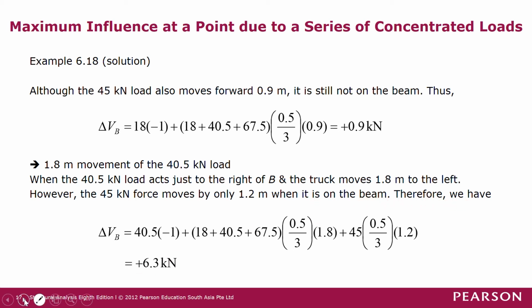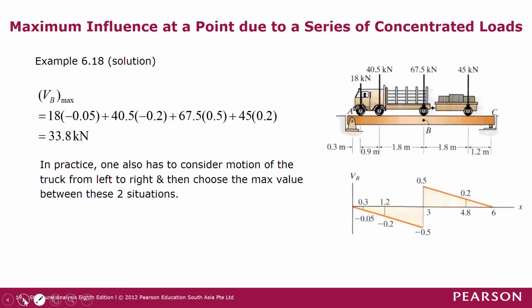So initially you can see that when the 40.5 kilonewton force moves from just to the right of B to this position, when the 40.5 kilonewton force is here, this 45 kilonewton force is outside of the beam, right, at 0.6 meter there.